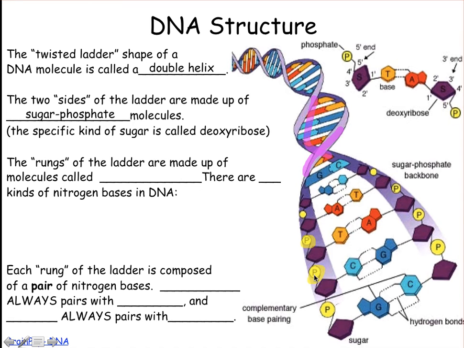That's what that P stands for. And then they're interspersed with other molecules. They're shown as hexagons. Those are the sugars. So it goes on the sides. Each side is built up of a sugar and then a phosphate, and a sugar and a phosphate, sugar, phosphate, and so on.